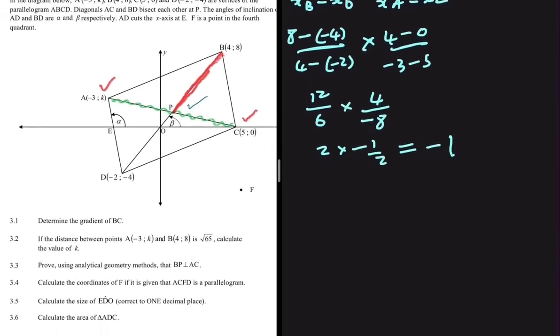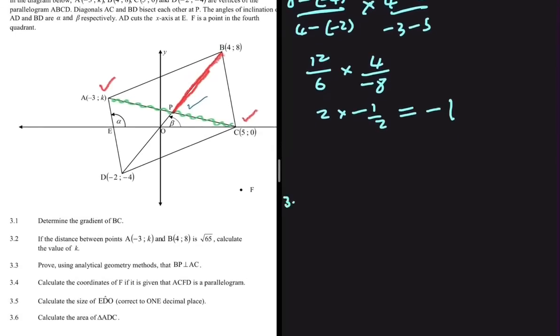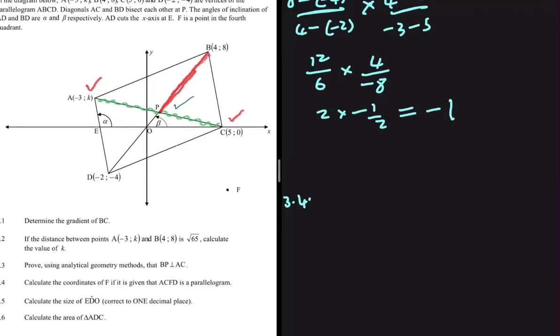Let's move to 3.4. We're supposed to calculate the coordinates of F if it is given that ACFD is a parallelogram. So let's go ahead and look at F. F is right here.